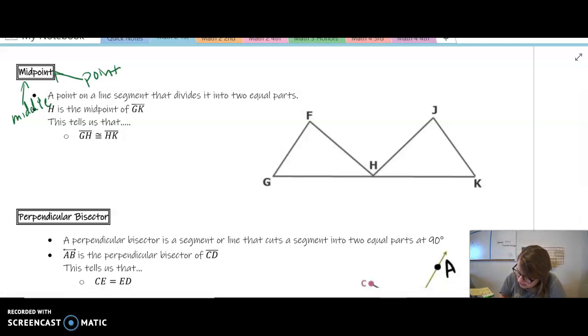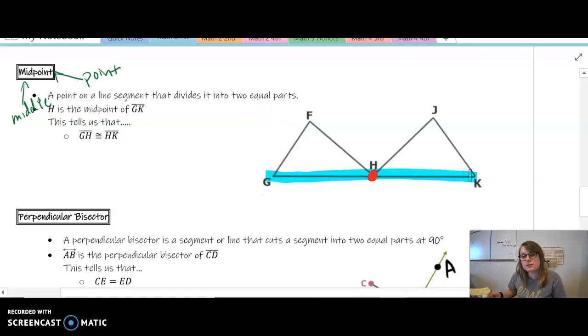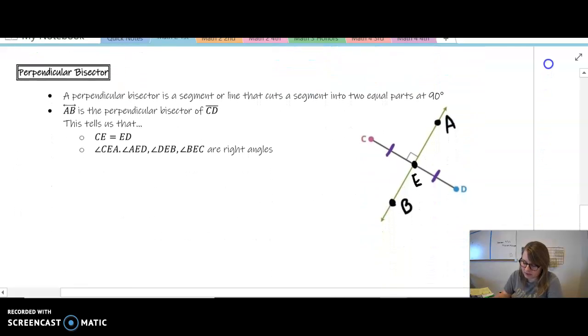So in our case, H is the midpoint of GK. So this entire line. That tells us that this line right here is congruent to this line right here. And we would formally write that as GH is congruent to HK. Okay? Alright, so let's move on to our next one.